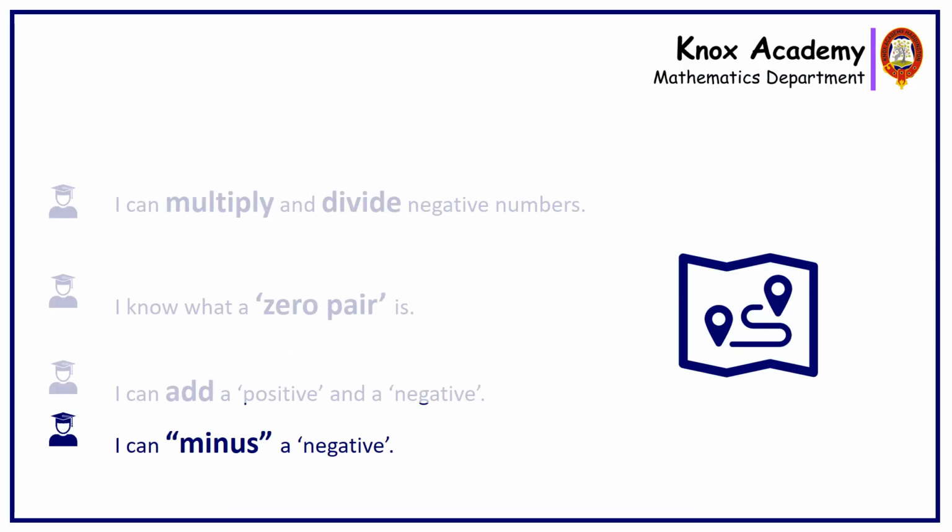So moving on, we've looked at multiplying and dividing negative numbers. We have looked at what a zero pair is, and hopefully I've clearly illustrated why that's important. We have looked at adding positive and negative numbers together, and now we want to look at subtraction, or what we call minus.